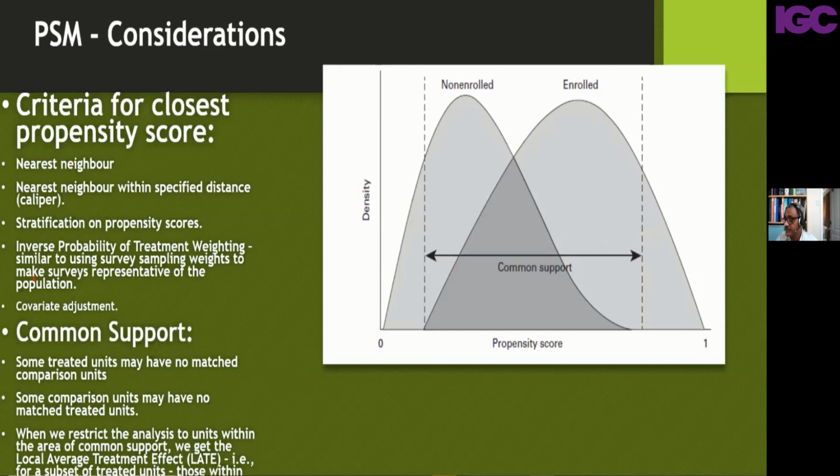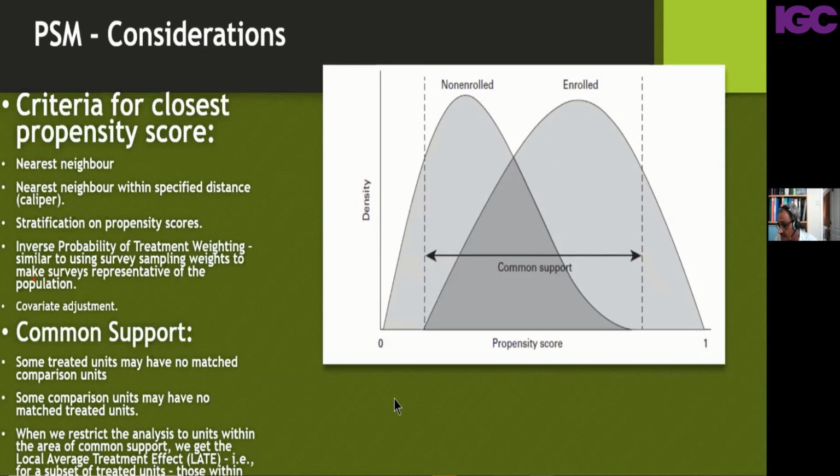So what is normally done is that we restrict the analysis to what is called the area of common support. That is, we restrict the analysis to those units who have a propensity score in this range. This is the common support range. The arrows show you the range of common support.